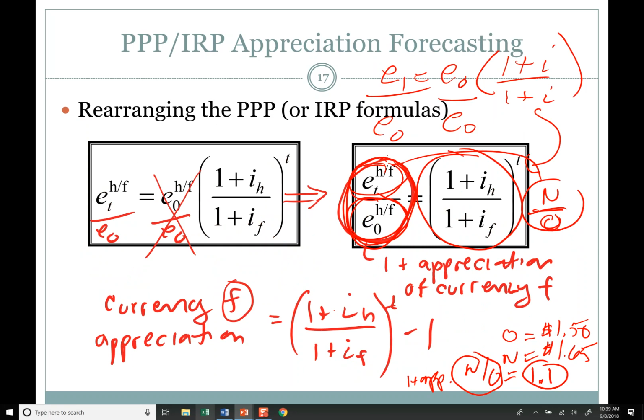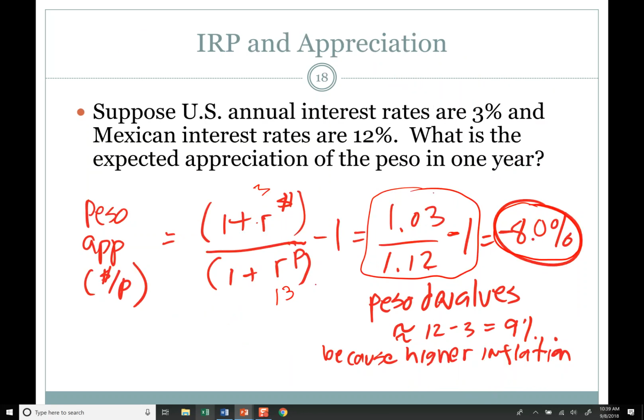I'm basically just rearranging this formula here. If I know the two inflations, and I know that the left hand of the equation is 1 plus the appreciation, if I just take the ratio of the two inflations and subtract 1, that tells me the expected appreciation or depreciation of the currency. It's just a little shorthand. That's all.